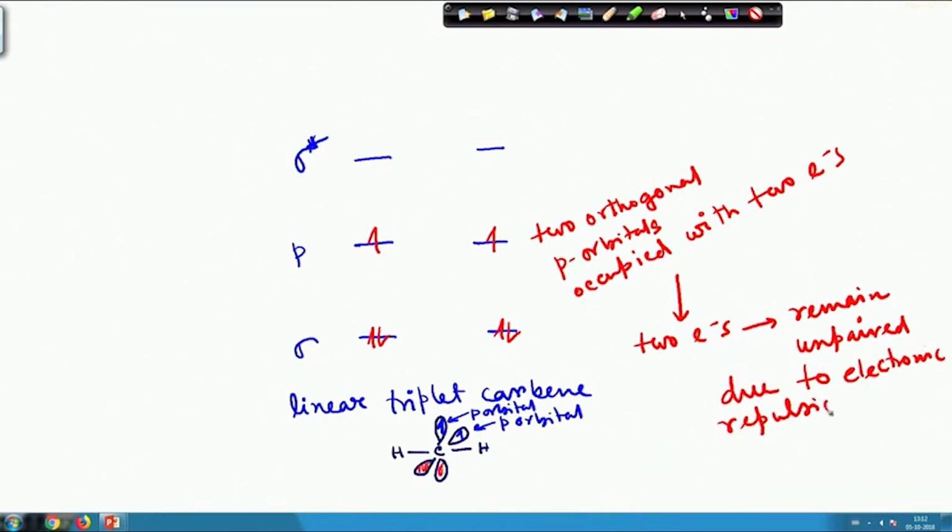So, in these kinds of linear triplet carbenes, as these 2 electrons remain unpaired, they can act like a di-radical. So, what have we learned? We have learned the electronic structure of bent as well as linear triplet carbenes. Thank you very much.